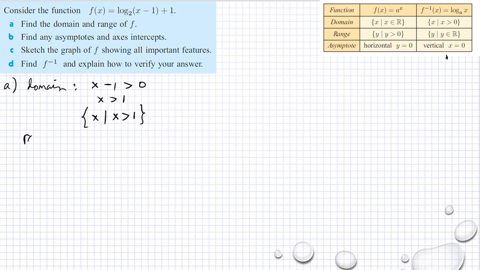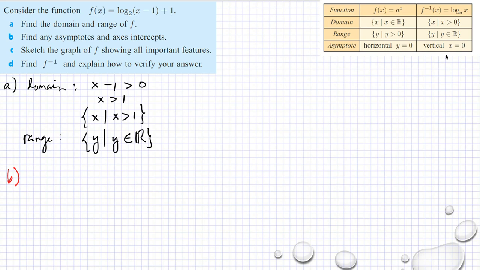And the range is all y, such that y is an element of the real numbers. Okay, and then we have part b. Find any asymptotes and axis intercepts.